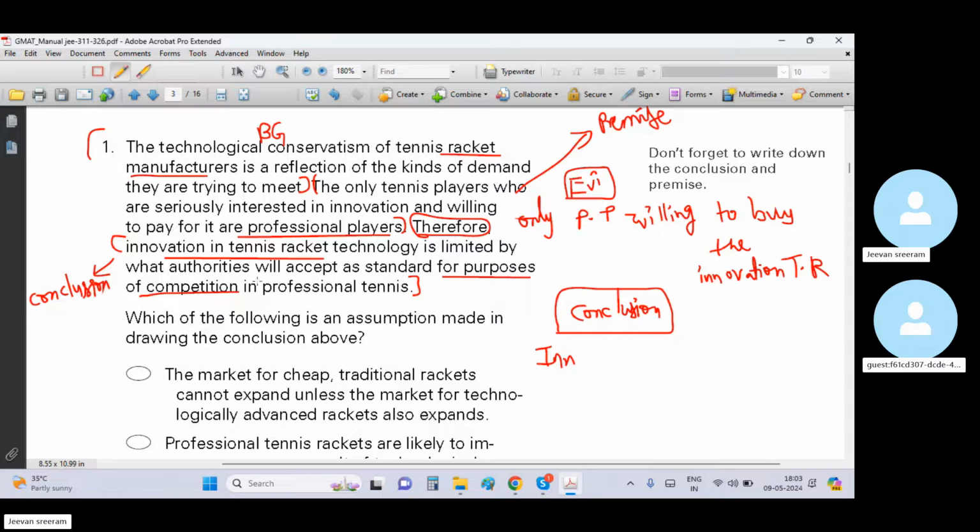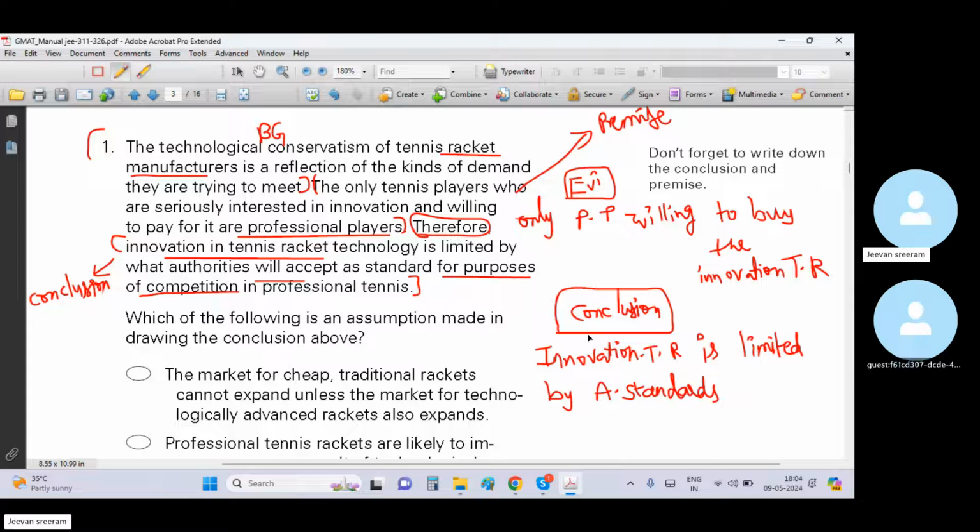Let me brief it: the innovation of tennis rackets is limited or restricted, okay, why? By authority standards for purposes of competition.